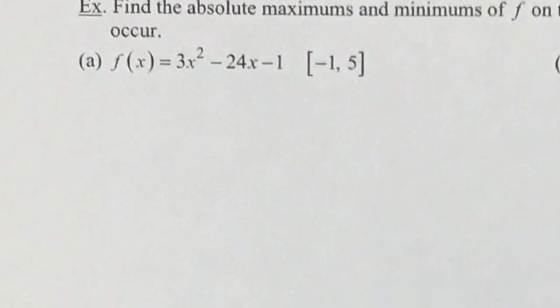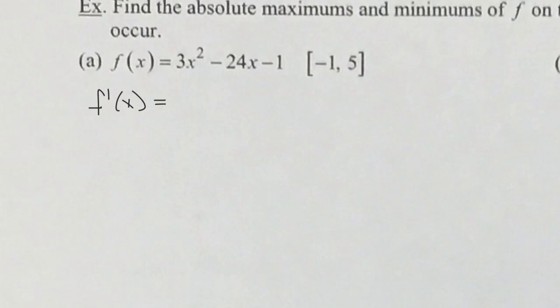Okay. So our first step is to take the derivative. This is a polynomial, and all polynomials are continuous functions. So you want to check the interval if it's a rational function or a square root function.